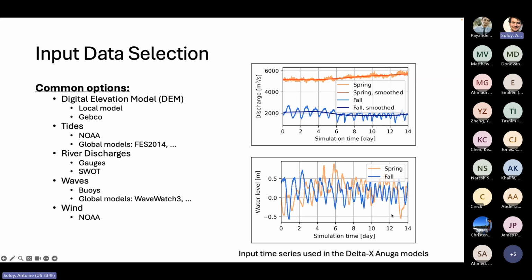And the last one I'm presenting here is wind. Again, ANUGA is not able to do that. ANUGA is only water flow. But you can find data on various websites. I put here NOAA, but yeah, it's not the only one.